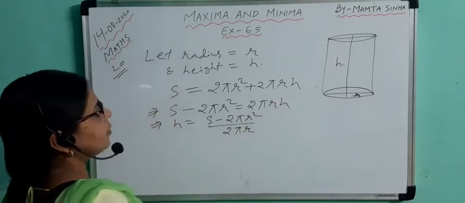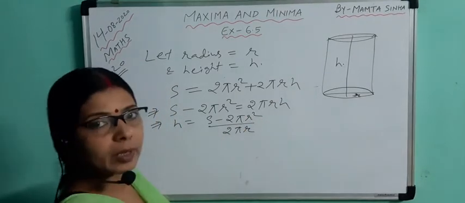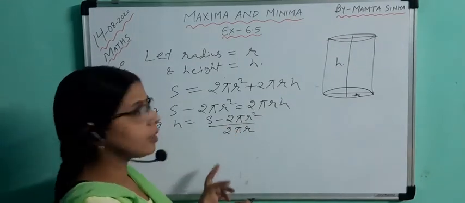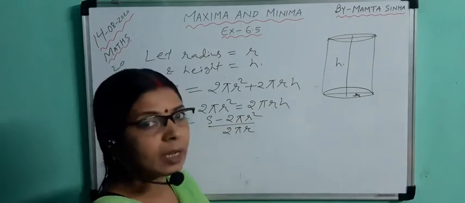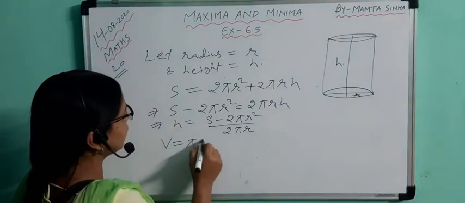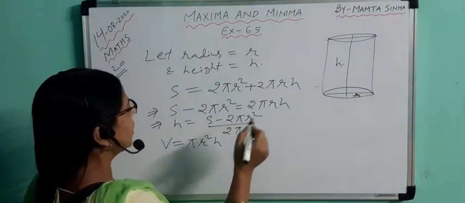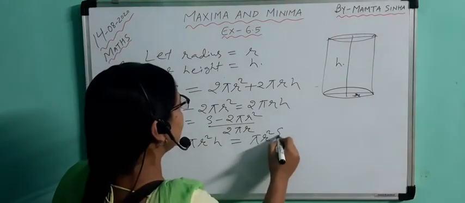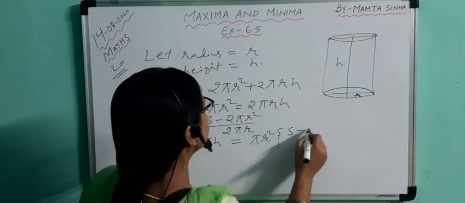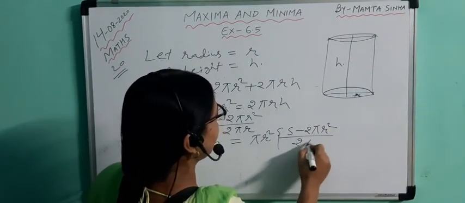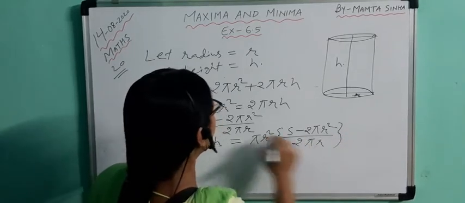Now the volume of the right circular cylinder: we have to maximize the volume of this right circular cylinder, and we know that the volume of a right circular cylinder is pi r square h. Now put the value of h. So we get pi r square times S minus 2 pi r square by 2 pi r. This is the value of h.